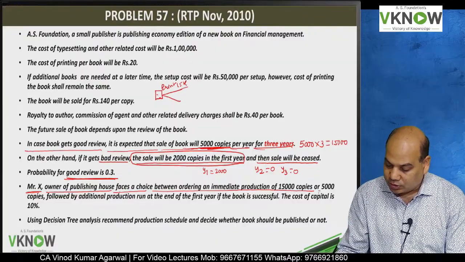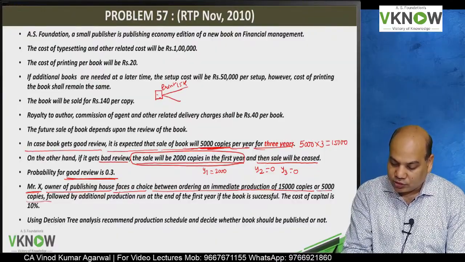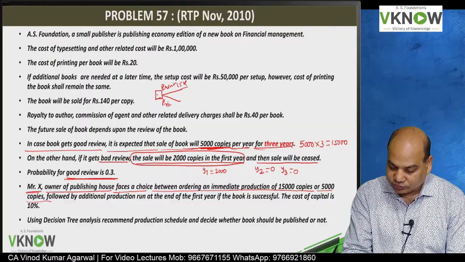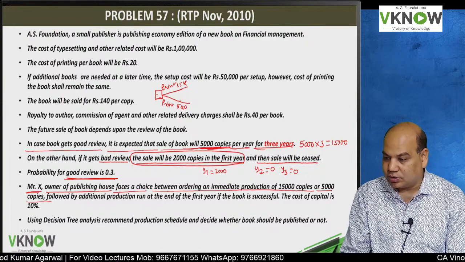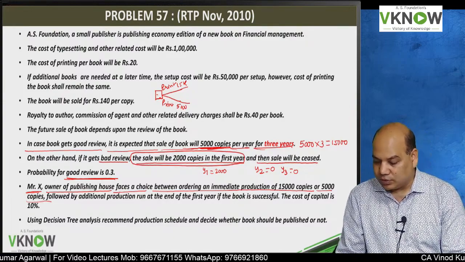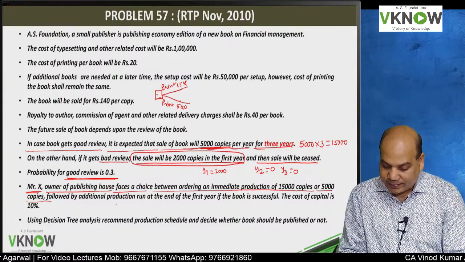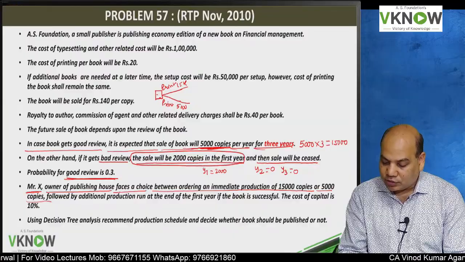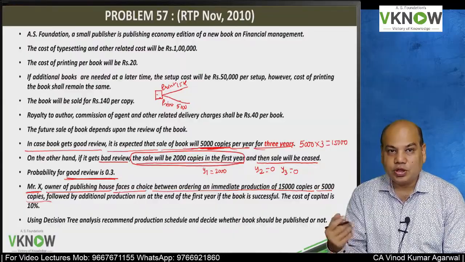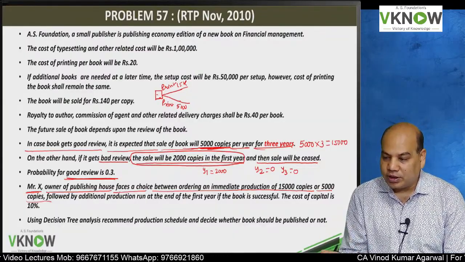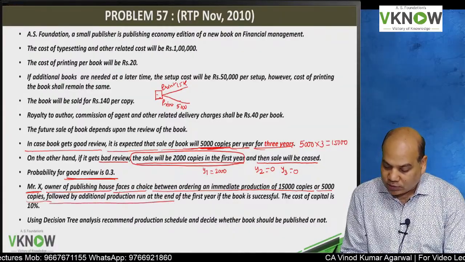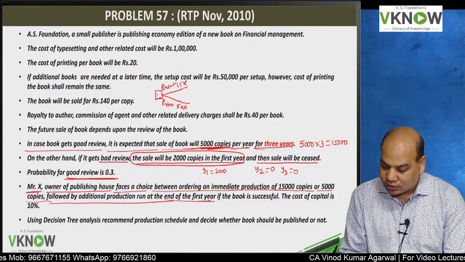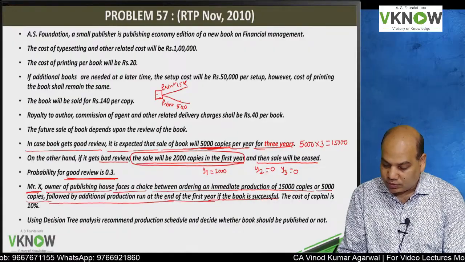The second option is to print 5,000 copies today, because you don't know what will happen. Followed by, if you print 5,000 copies but suppose the review is positive, you will have to print an additional 10,000 copies, an additional production run at the end of the first year if the book is successful.